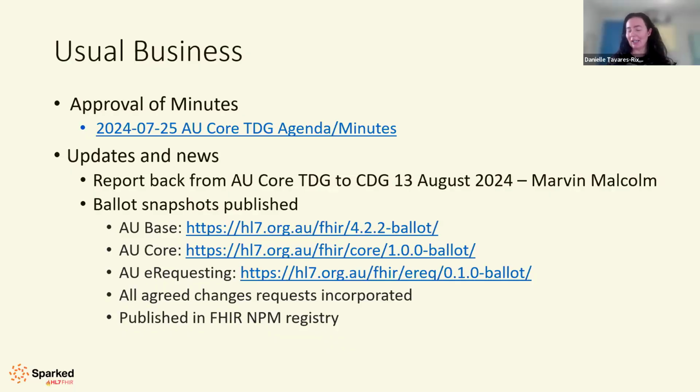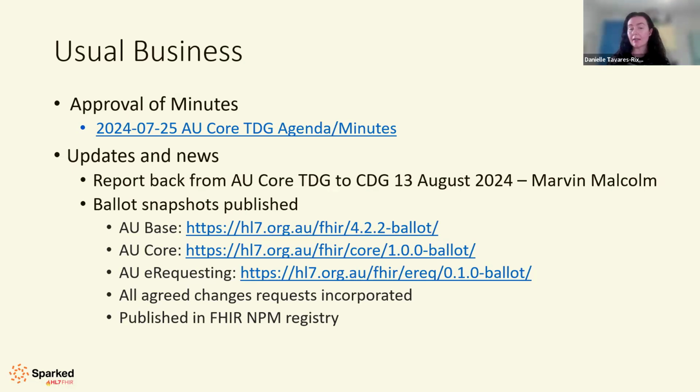Oh, it is. So in terms of some of the updates and news, before we get to approval of minutes, because I think we've still got people kind of trickling in. First up, I guess, ballot snapshots have been published. That is the case for all the active FHIR projects.